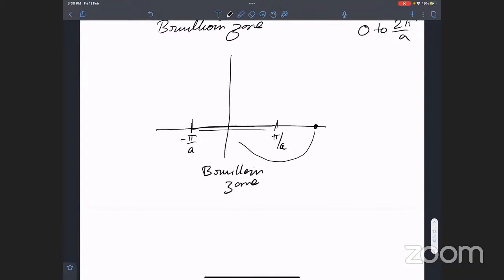If I have two dimensions, then my Brillouin zone would be a square shaped object. If it's three dimensions, it's going to be a volume around zero in the three-dimensional space, right? So whenever we talk about band diagrams, you see band shapes and so on, it actually comes down to this idea of a Brillouin zone.